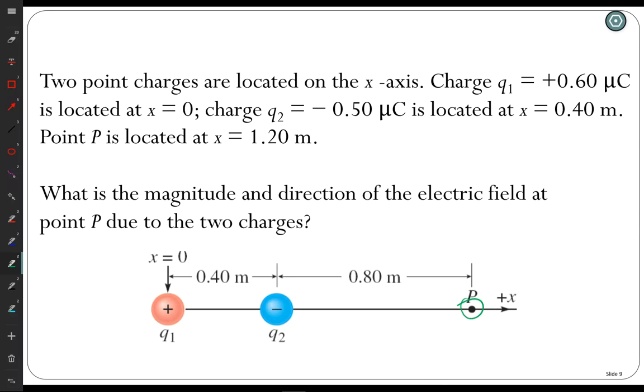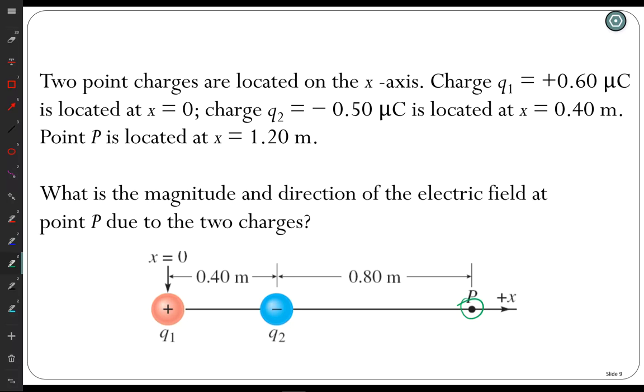So we've already spoken the words of how we do this, but let's reiterate. How am I going to find the electric field at point P due to these 2 point charges? Vectors. Add them as vectors. I find the electric field due to each point charge and then add them as vectors.